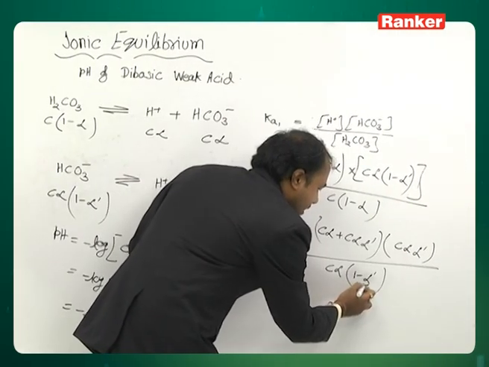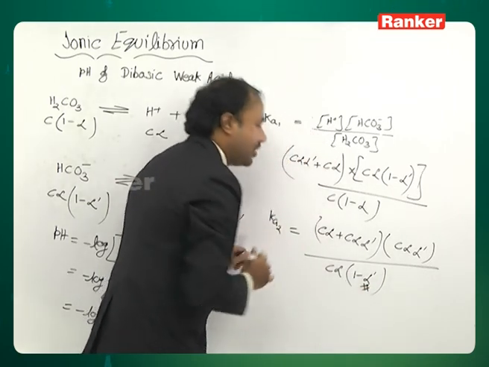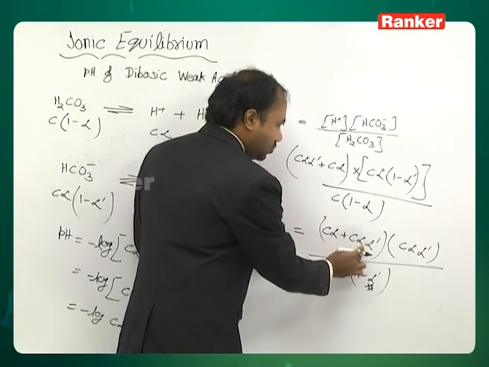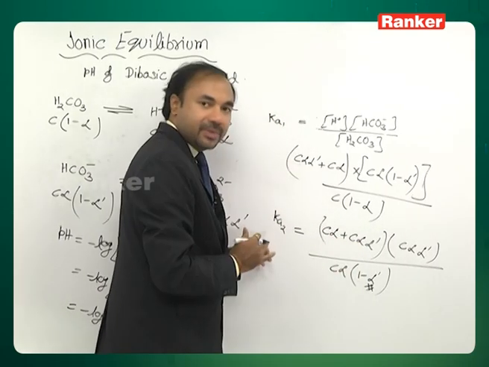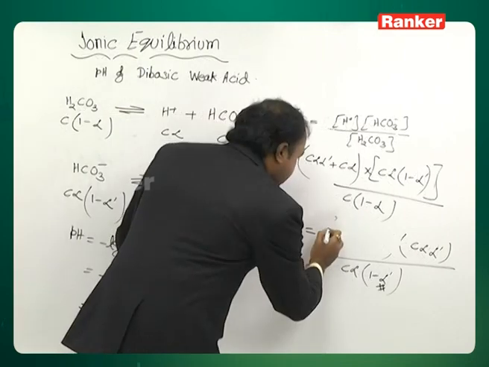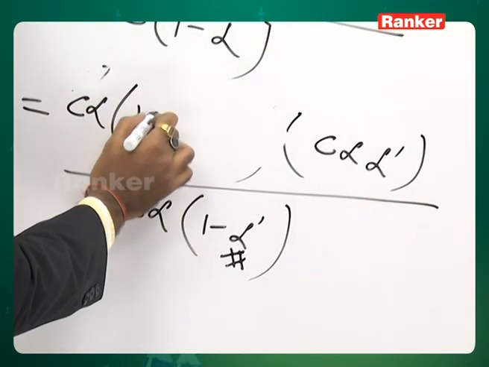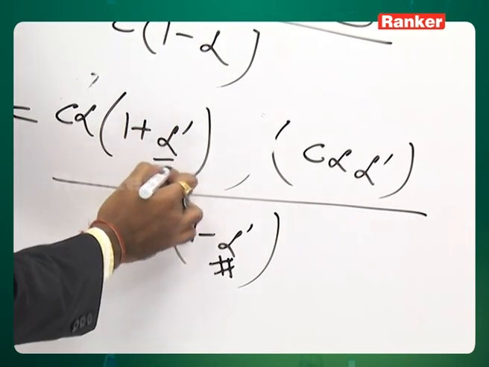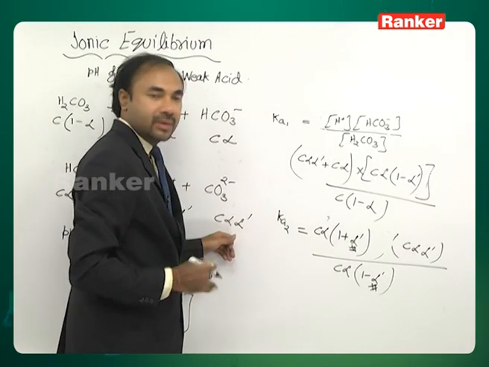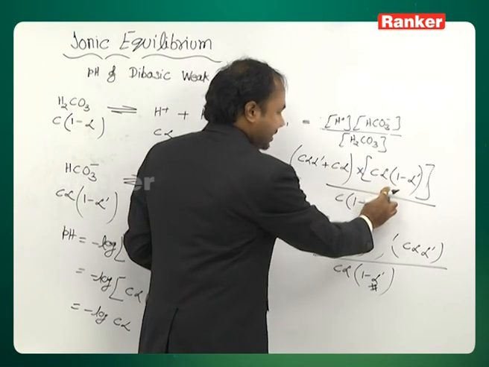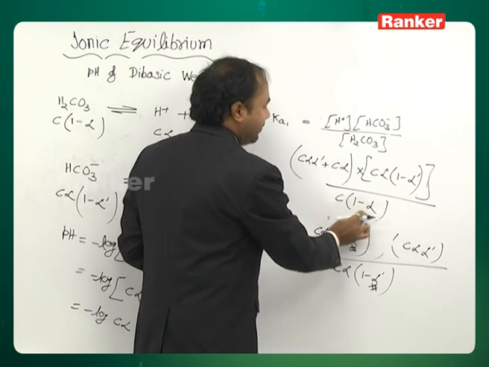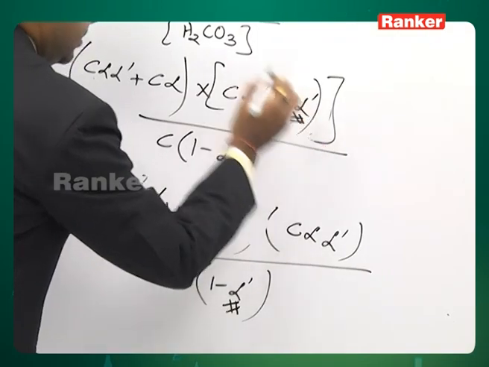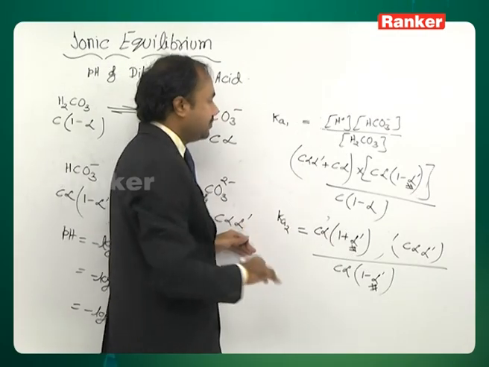First approximation, alpha dash is negligible as compared to 1. Even if we substitute this one, we take common C alpha, then it becomes C alpha into 1 plus alpha dash. Again, this is negligible here. This one here is C into 1 minus alpha, alpha we are not neglecting right now. This one alpha dash again negligible. Clear?